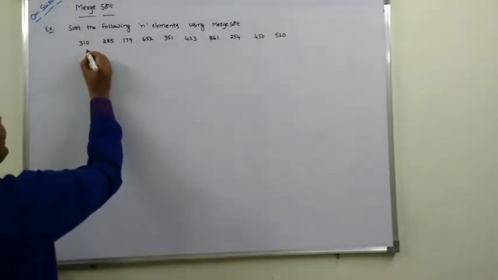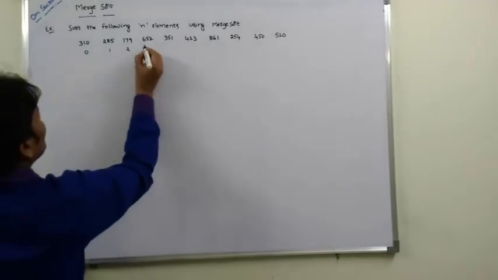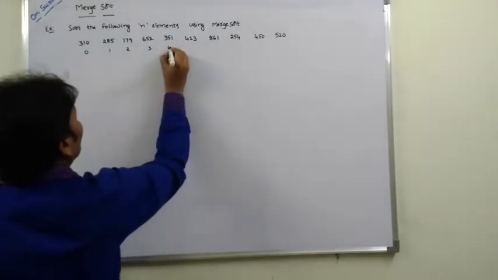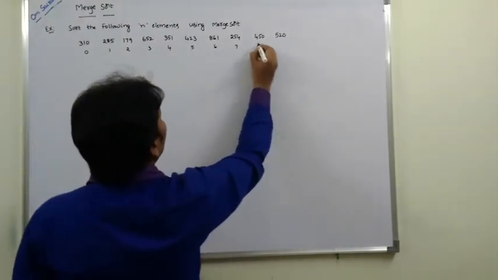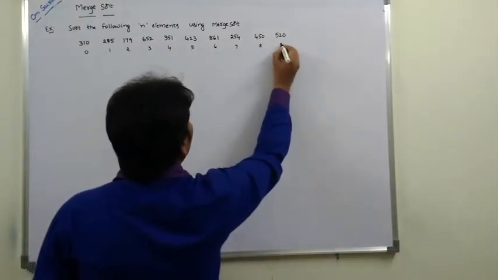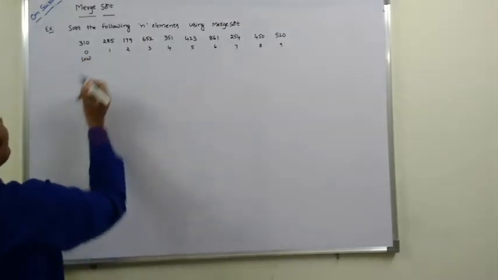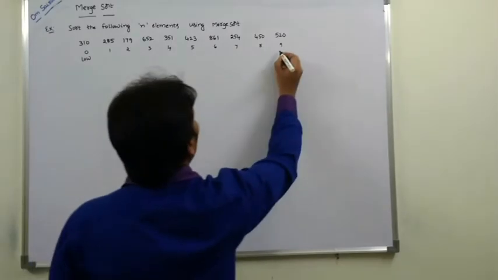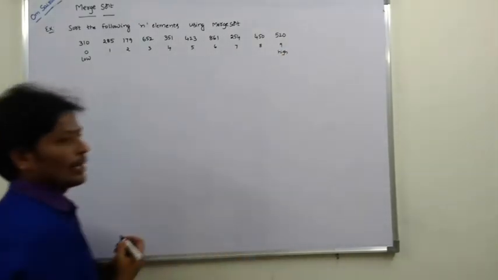Now we use indexes 0, 1, 2, 3, 4, 5, 6, 7, 8, 9. The first element is taken as the low value and the last element is taken as the high value.